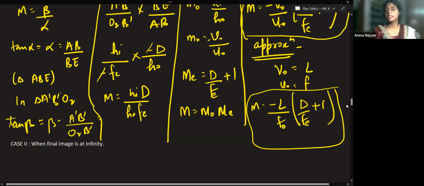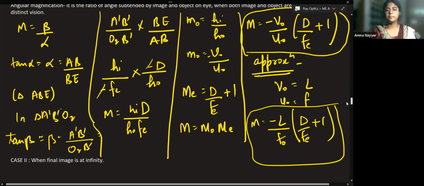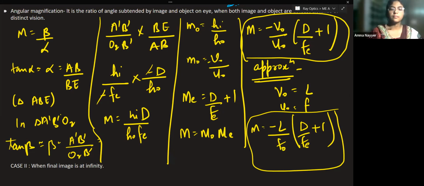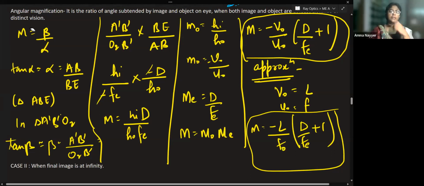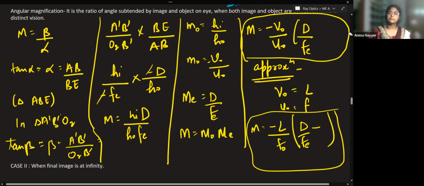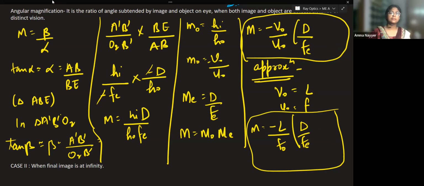Fine. Now in this formula, for the magnification of the lens, for final image at infinity, you have just D by FE. So this term will not be there. And this becomes the final formula.